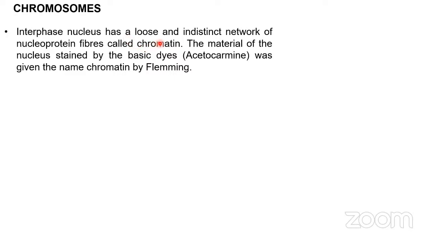The interphase nucleus has a loose and distinct network of nucleoprotein fibers called chromatin. These are darkly stained by basic dyes, for example acetocarmine, and it was given the name chromatin by the scientist Fleming.